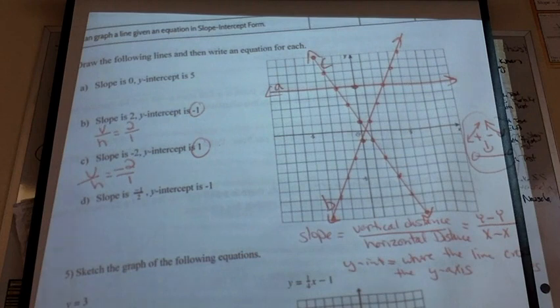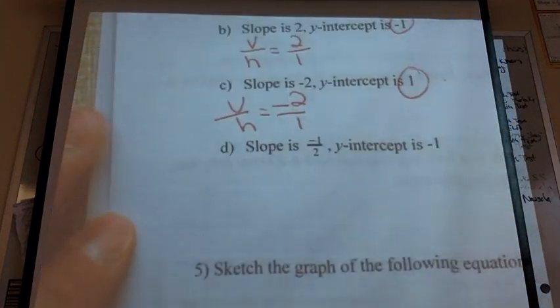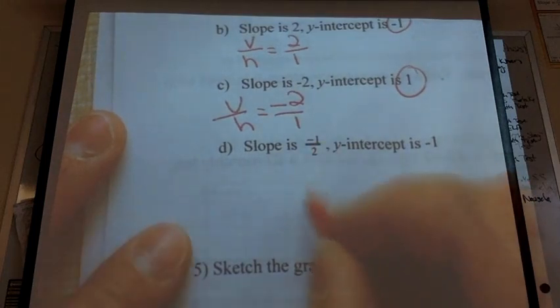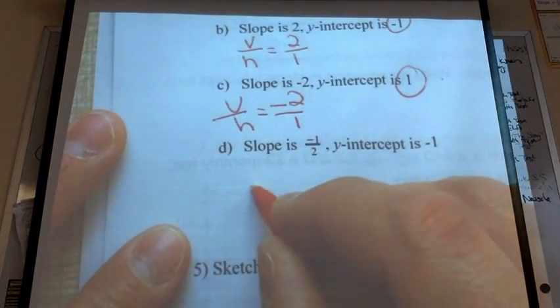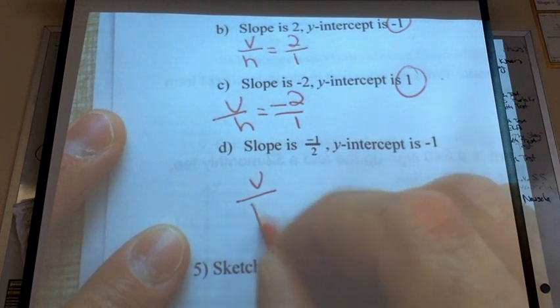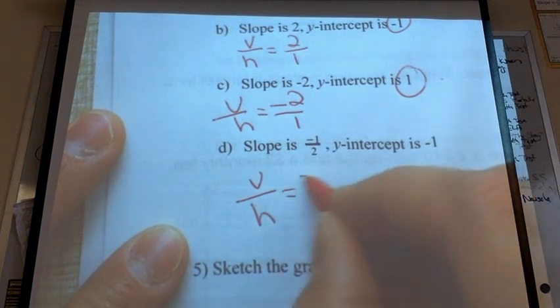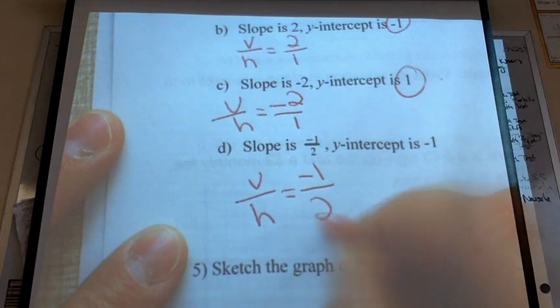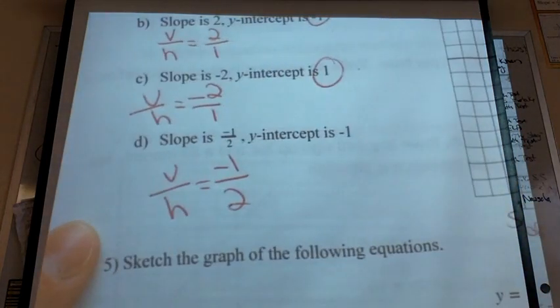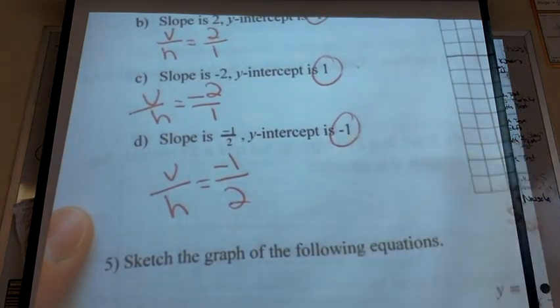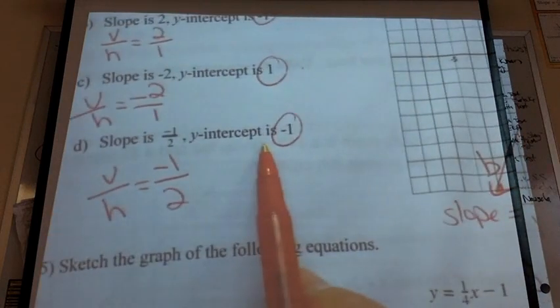And our last line, this time our slope is negative 1 over 2. So our vertical is negative 1, our horizontal is 2. And our y-intercept is negative 1. So our first y-intercept, we're going to put our dot at negative 1.